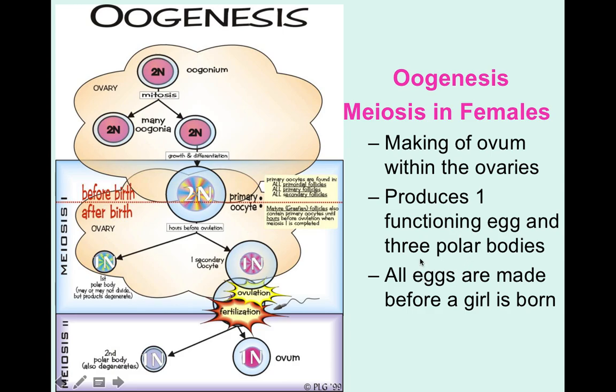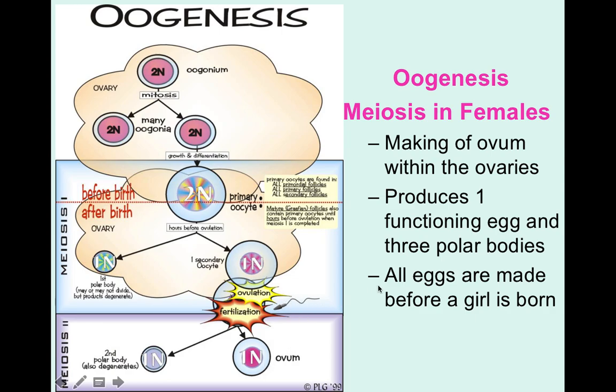The reasoning for that is all of the organelles and the nutrients used by the original cell get transferred down the line to that one egg. So it'll have more mitochondria for energy production, more ribosomes for protein production, and more cytoplasm and nutrients for the developing embryo. So it gives the baby a good head start.